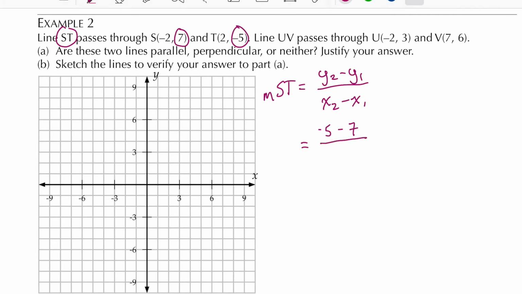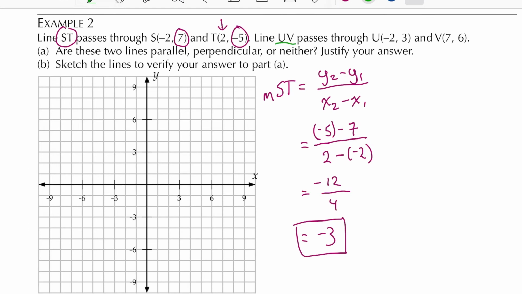So negative 5 subtract 7, putting negative 5 in parentheses. Then I do x2, which again will be from the T, which will be 2, subtract negative 2. Negative 5 subtract 7 is negative 12, and 2 subtract negative 2 is 4. So I get an answer of negative 12 over 4, negative 3, for my slope for ST.